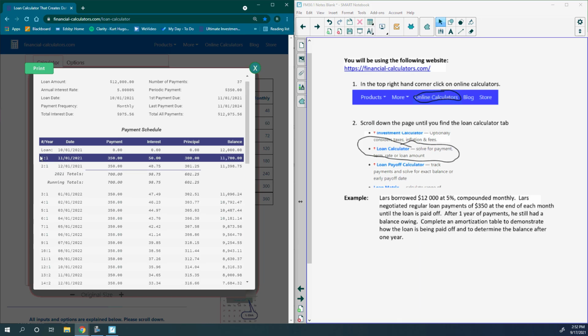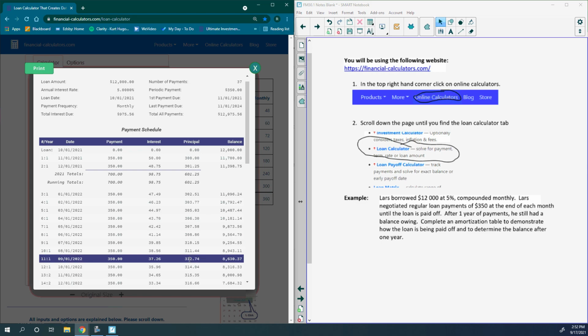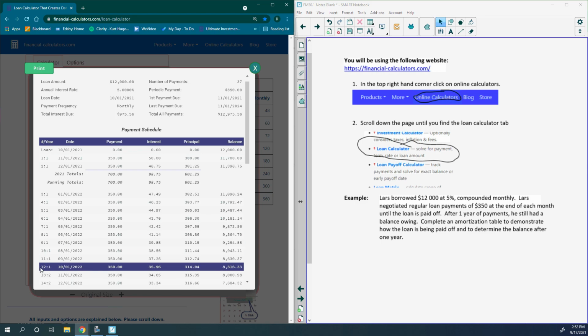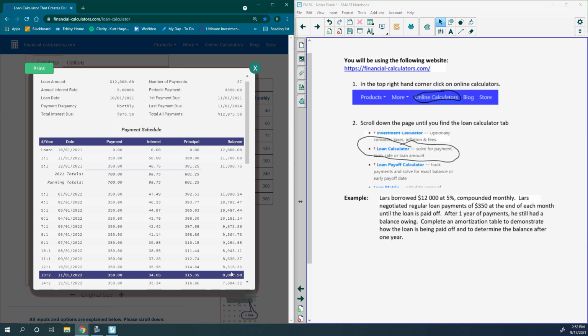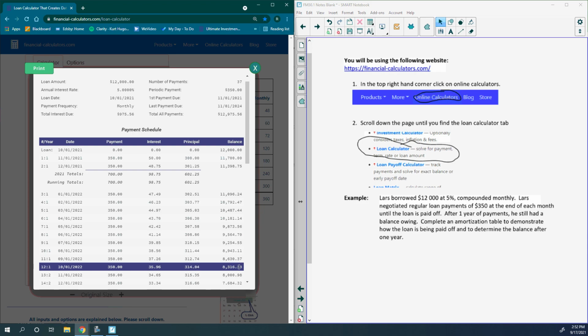Just to note, the first number here is the number of payments you've made, so since we're doing monthly, it's each month, and the second one tallies up the years. I'm looking for the end of year one, which would be this one, 12 months later. I go over, and the balance owing after the end of year one is $8,316.33.